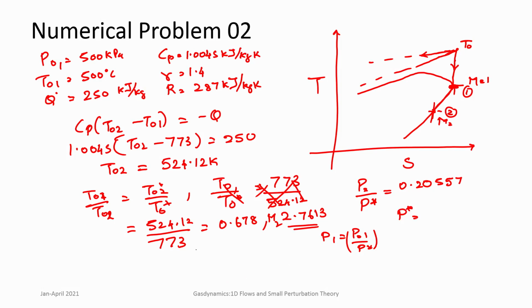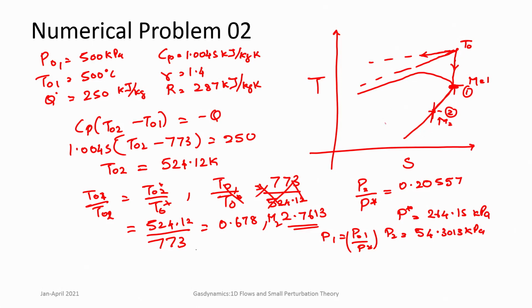P star is 264.15 kilopascal. So, once P star is known, then P2 can be found, and P2 is 54.3013 kilopascal. Okay. So, it is consistent with the Rayleigh flow curve. Pressure will reduce. So, it has reduced.